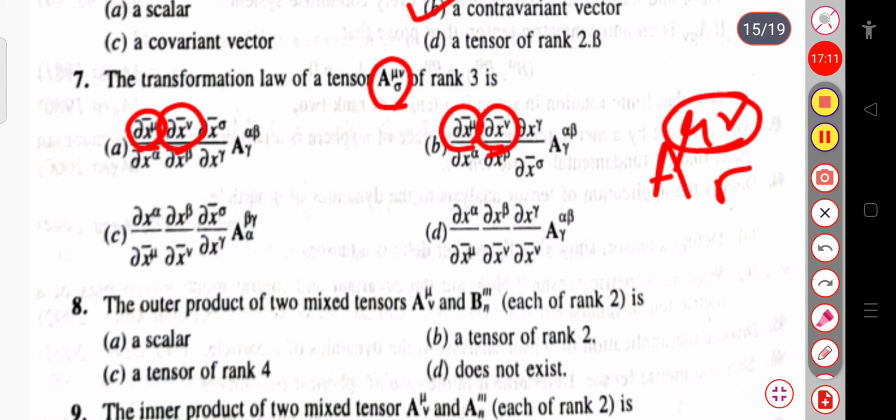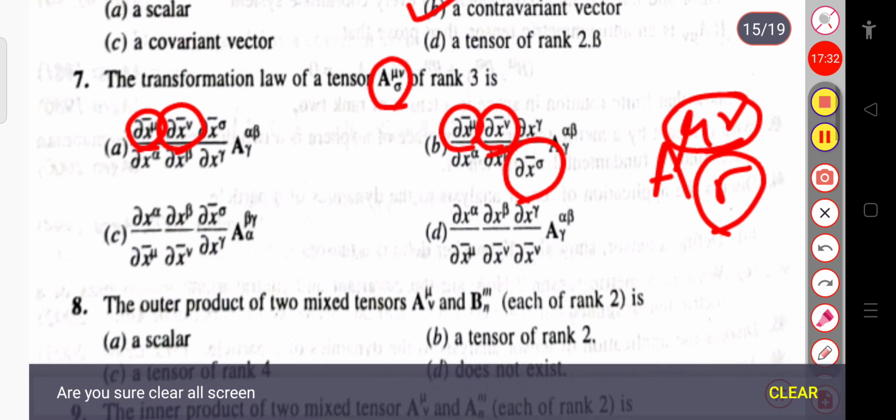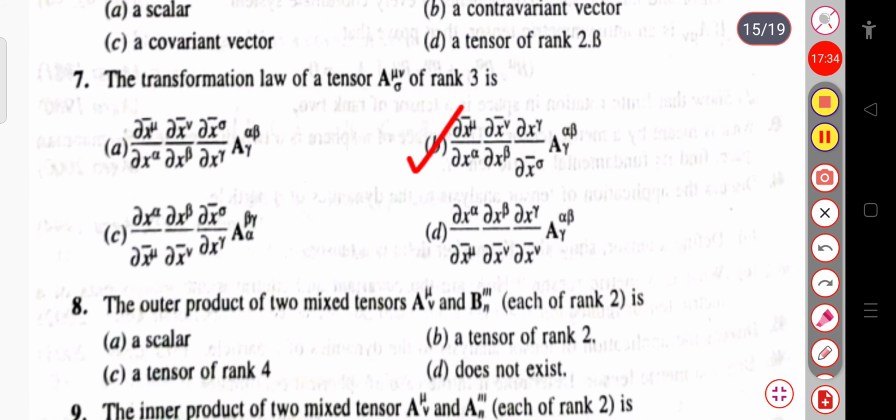Okay, so in the options A and B, del x mu bar and del x nu bar is present, and now you have to check this new term is present in the denominator or not. So you can see here from this B option, this term is present here only. Del x bar nu, del x bar sigma is present here. So our correct answer will be this one. And simply you have to write this alpha beta in the superscript and this gamma in the subscript part. Okay, this is just the representation of the mixed tensor.